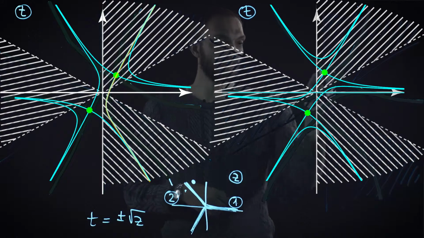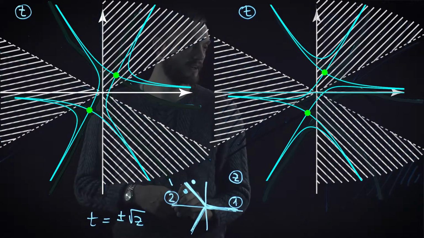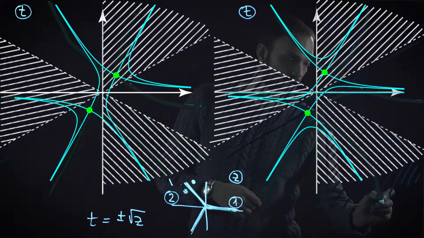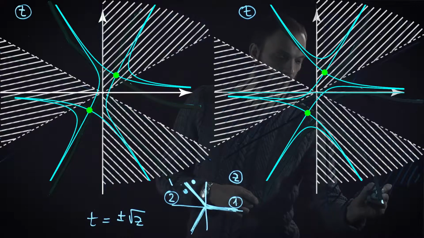So let's now turn to the second picture, which corresponds to an argument which is slightly larger than 2 pi over 3. And again, we need to start from this region. And let us see what our options are.